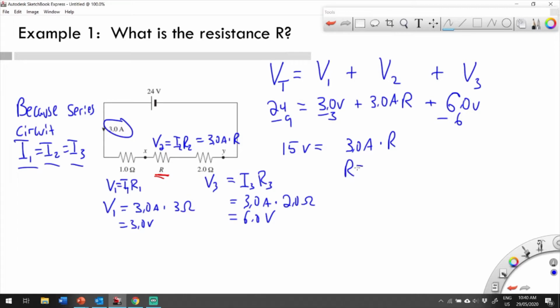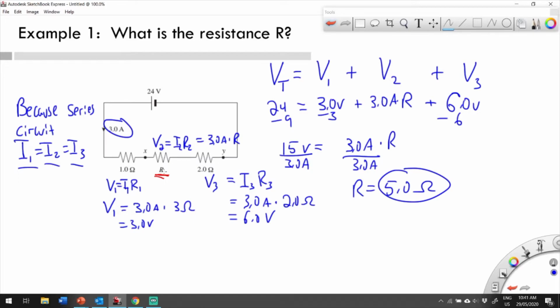Therefore, we'll divide both sides by 3 amps, so my resistance is going to be 5 ohms. There we go. So that's how we use Kirchhoff's voltage rule to help us calculate unknown values within the circuit.